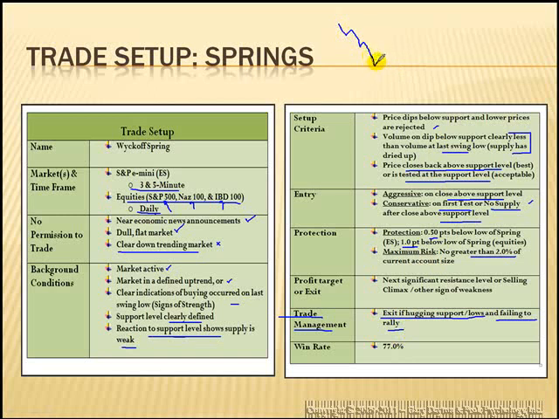I'll use this line. We've had the support, we rally up a bit, we come back down, we dip underneath, here's our support line, we come back up, but now it's just hanging here and not doing anything for 3, 4, 5 bars. And I don't know the number, there's no set number, but it's not able to lift off.